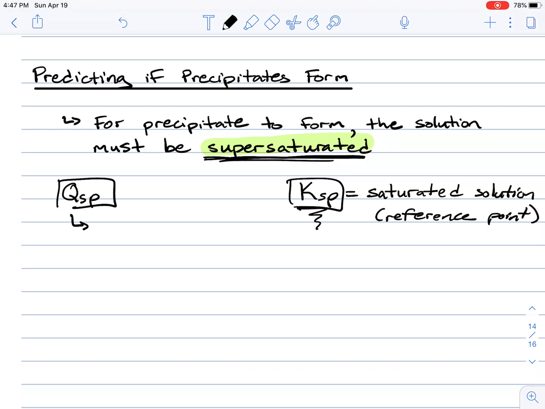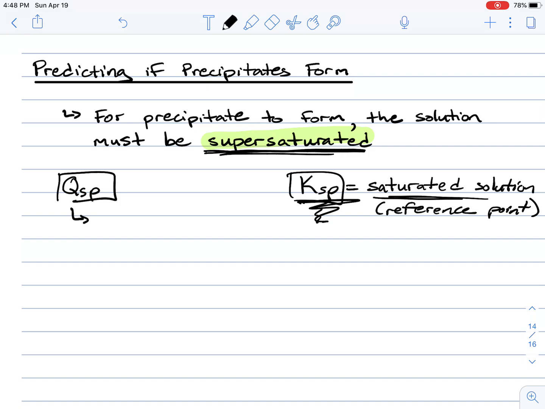It could be at equilibrium, it could be before equilibrium, it could be way after equilibrium has been reached. And we're going to apply that same idea to determine whether or not something is saturated, supersaturated, or unsaturated. So Ksp becomes a reference point, and it's always representing a saturated solution.